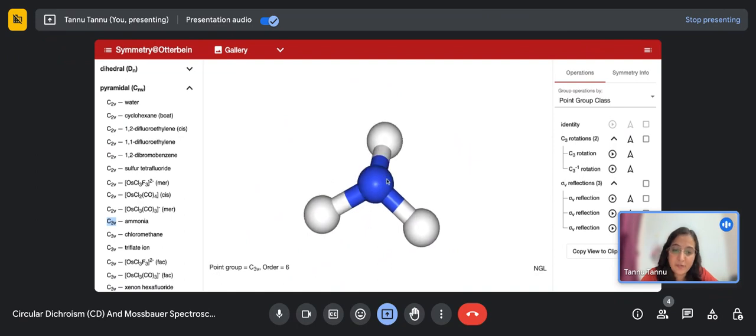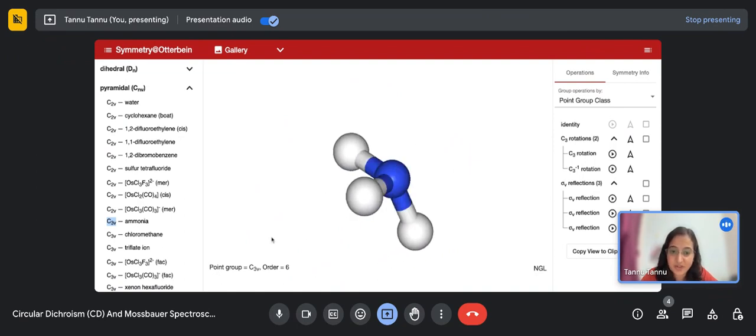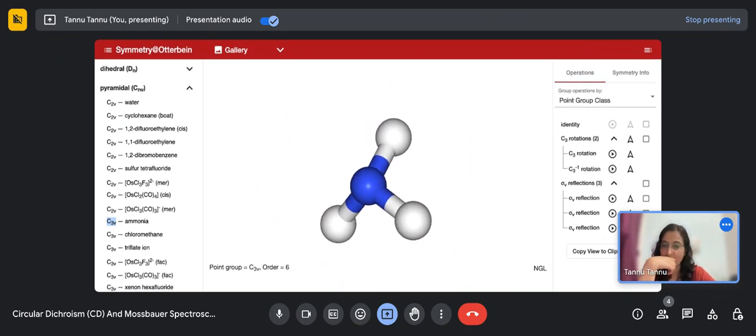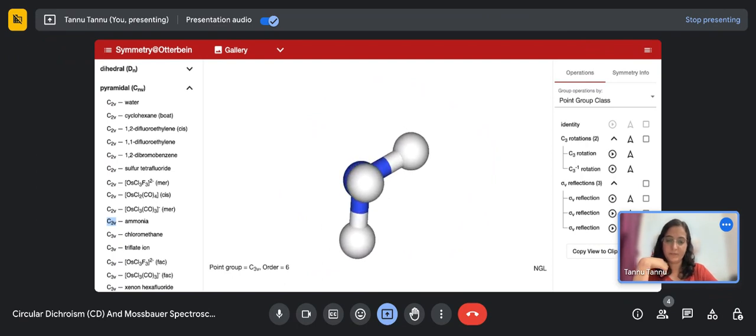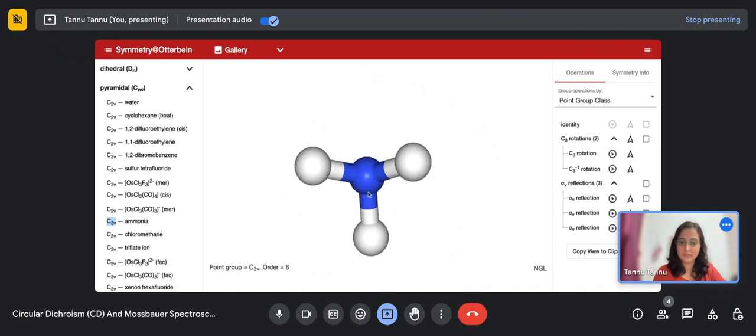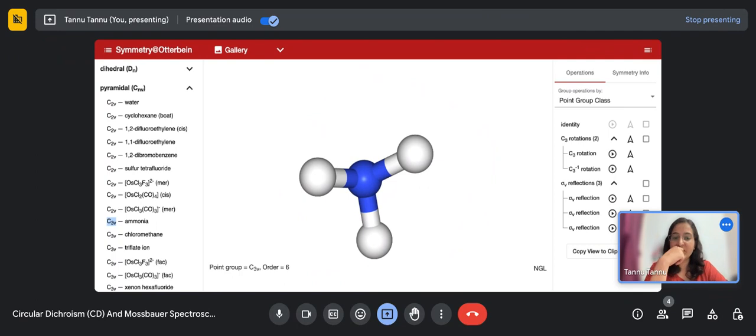If you pass the C2 axis of rotation through any NH bond, let's say, so it doesn't have C2 axis of rotation based on this NH bond, because I can't visualize it that way.